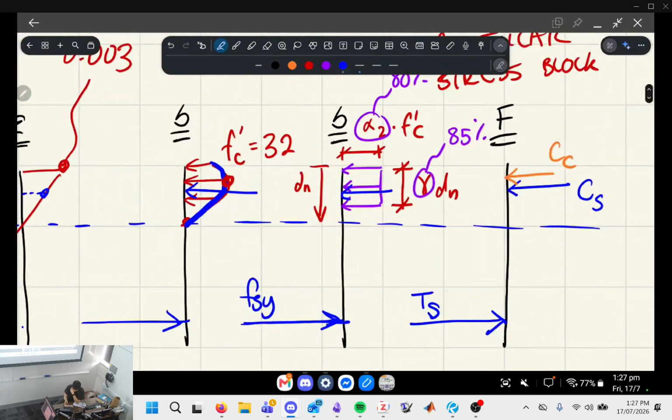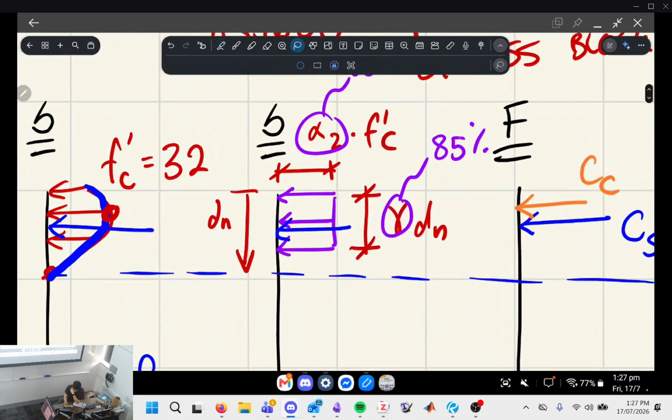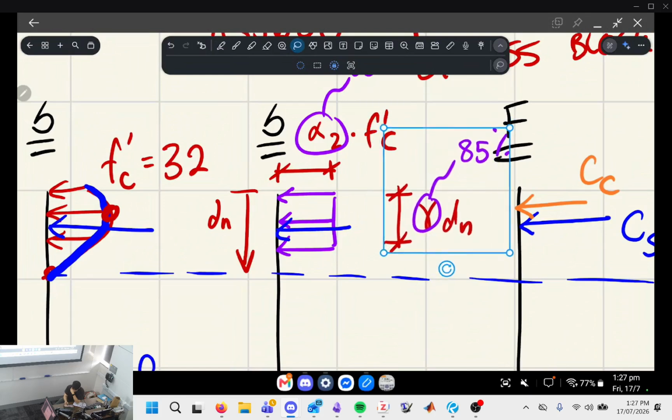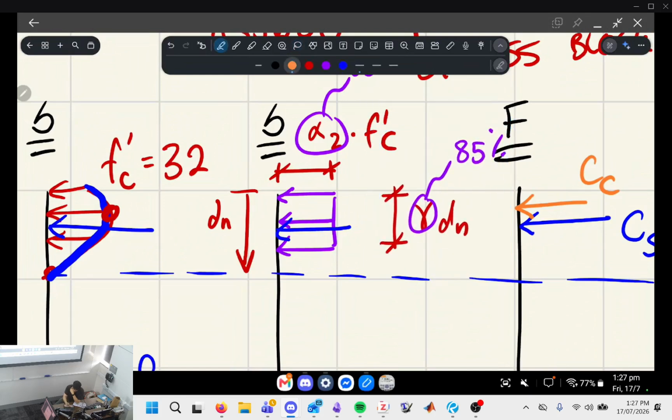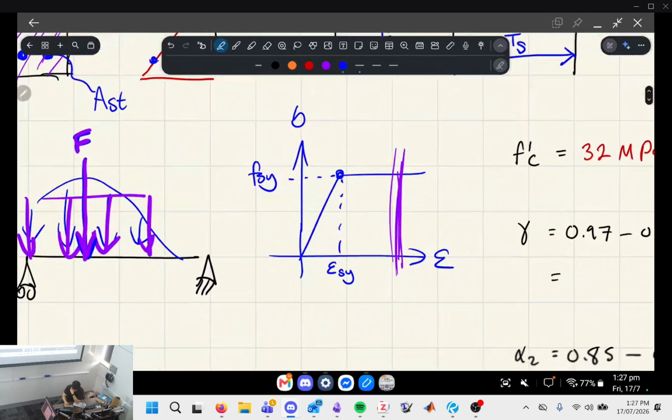For this arrow, it's going to be kind of difficult to write stuff next to it without overcrowding. This one is actually not going to be yielded, okay? We're going to notate it with sigma SC. The idea is that the strain of the compressive steel, actually I might as well just draw out this material curve.